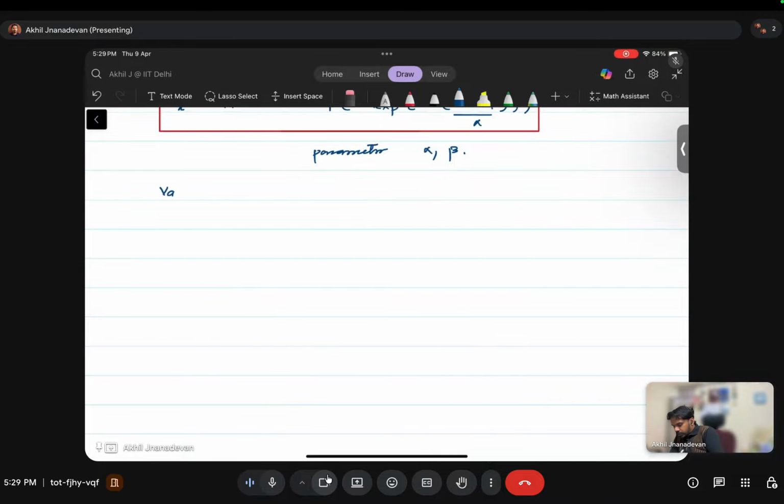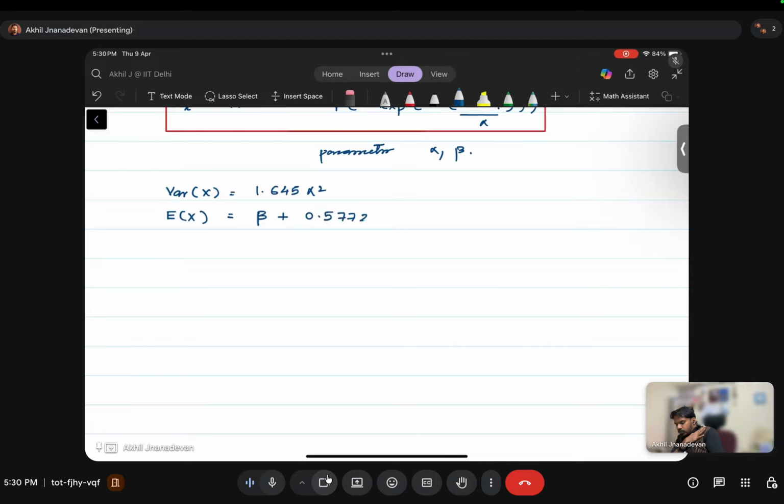The variance of x is related to alpha by 1.645 alpha square. If we know the variance of the distribution, we can relate it like this. And the expected value, the mean of the distribution, is equal to beta plus 0.5772 alpha. This is something that you need to know about the Gumbel distribution.